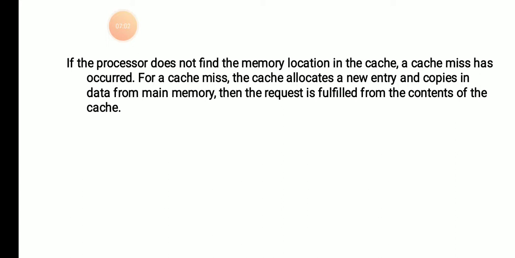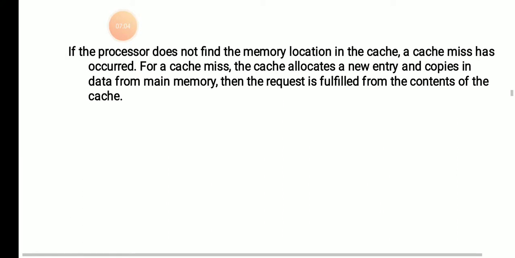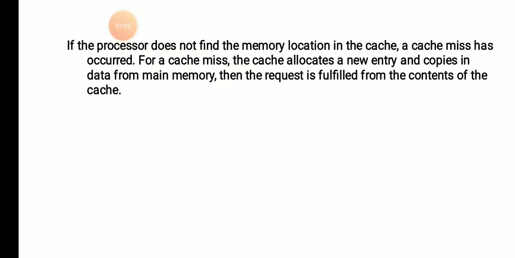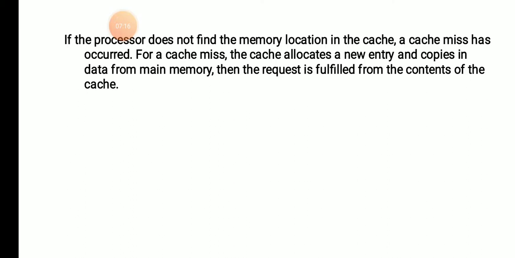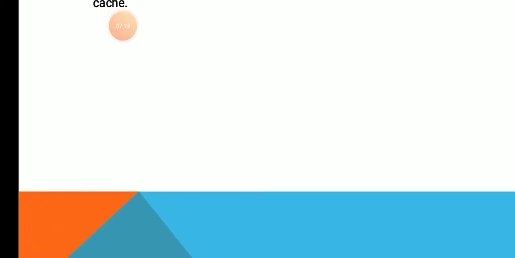So whenever the processor finds the memory location in the cache, that is called a cache hit. Whenever the processor does not find it, a cache miss has occurred. For a cache miss, the cache allocates a new entry and copies in data from main memory. Then the request is fulfilled from the contents of the cache. So this is cache hit and cache miss.